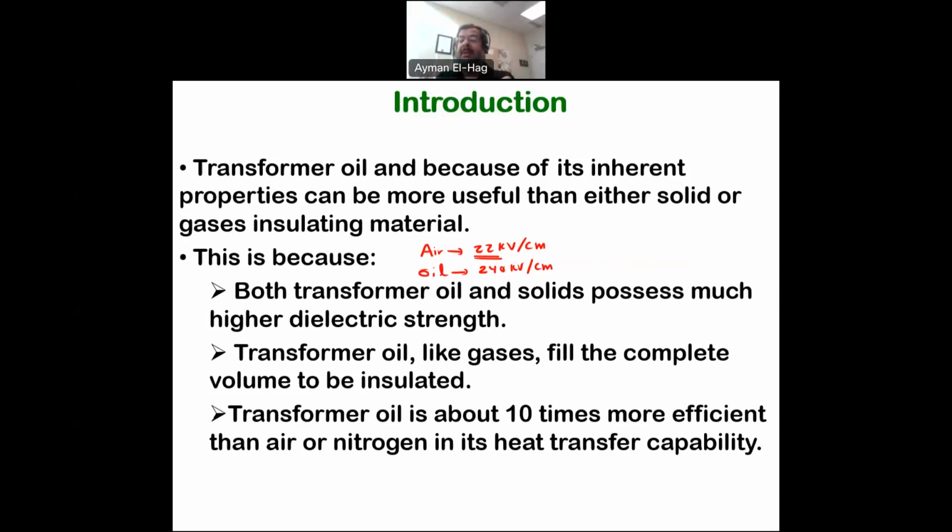And once the temperature of the transformer paper increases to a certain level, this will lead to accelerated aging and reduce the life of the transformer overall. So oil has this good capability of transferring the heat very efficiently from the source, which is the transformer core and winding, to the air outside of the transformer, which will cool down the transformer winding insulating paper.